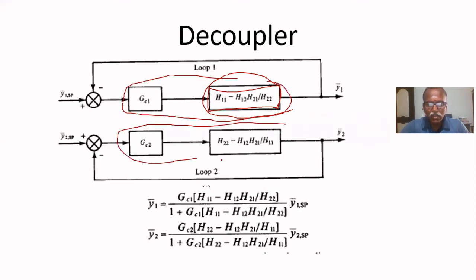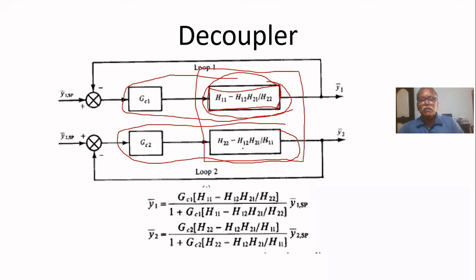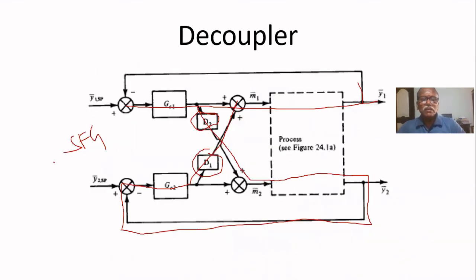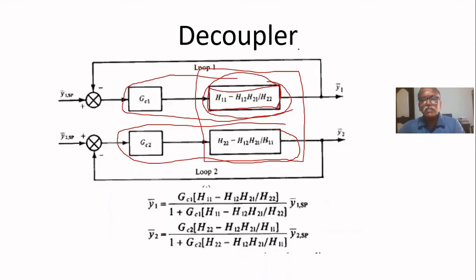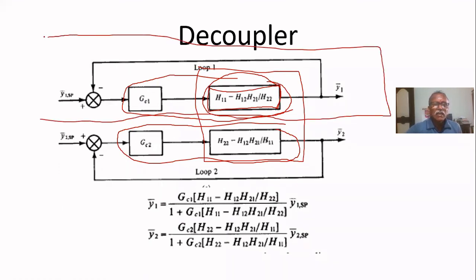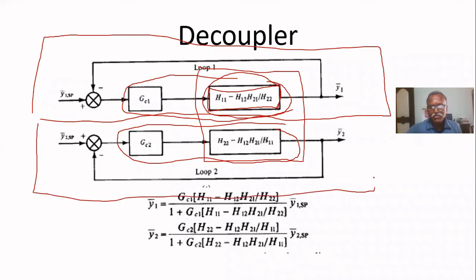Earlier we saw this as a single block; now it is decoupled. By applying the signal flow graph, we obtained this. From this, we can understand that virtually, but not actually, these two loops are decoupled.